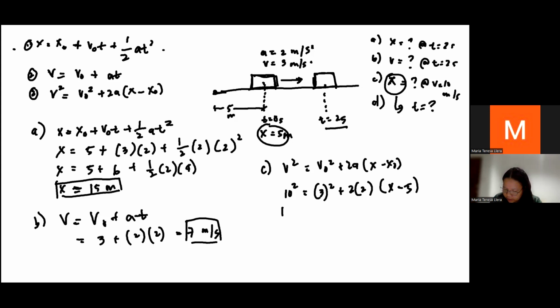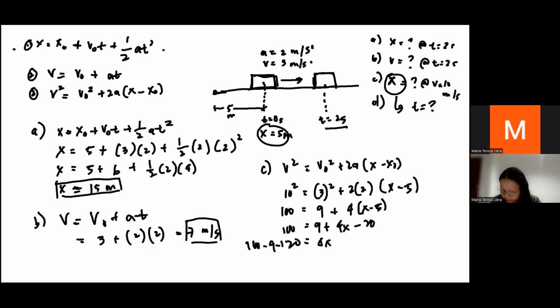So just solve the equation so you can get to your x. So this is 4 times x minus 5. 100 equals 9 plus 4x. You're going to distribute this 4, minus 20. So I'm going to move everything here. 100 minus 9 plus 20 equals 4x.